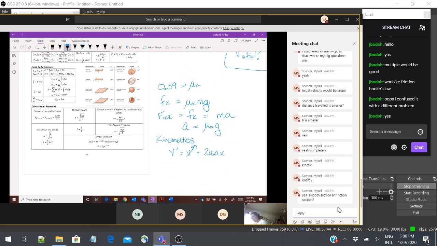The final v is 0 because it stops. So 0 equals v initial squared plus 2 times my mu k g times my 1.52 meters. And I can solve for my v initial. I don't even know what number I get. I went through that kind of fast. Hopefully that made sense. But basically what I did was I cut it into a question that was a lot simpler, and I know how to do that. That's an easy friction question.